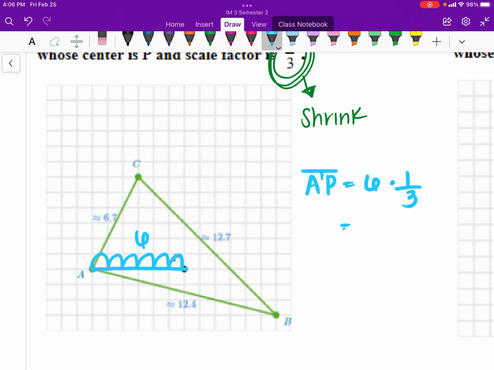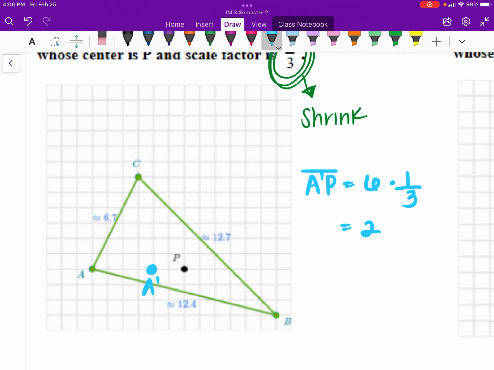That gives me 2, which means my new image is going to be 2 spaces away from my center. Since A is to the left, it's 2 spaces to the left. So here I should find A prime.